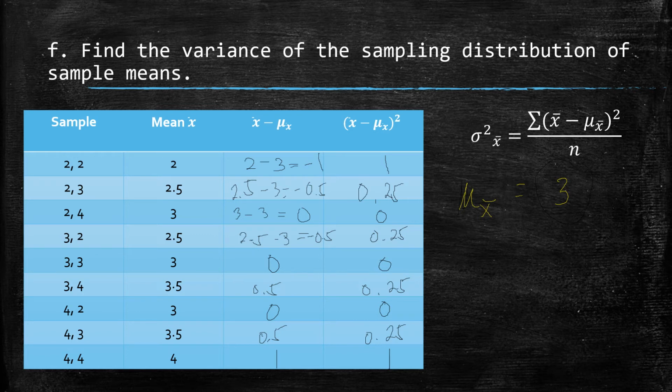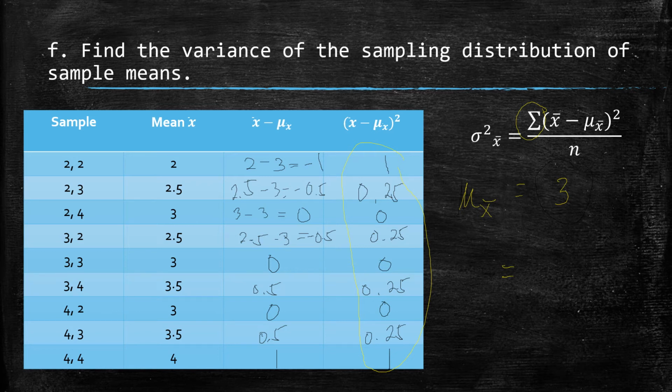So we're going to get now the sum. Now you have here the sigma notation that represents the sum. So you add all these values here, then divide it by the sample size. So you have 1 plus 0.25 plus 0.25 plus 0.25 plus 0.25 plus 1. What is the total or the sum?